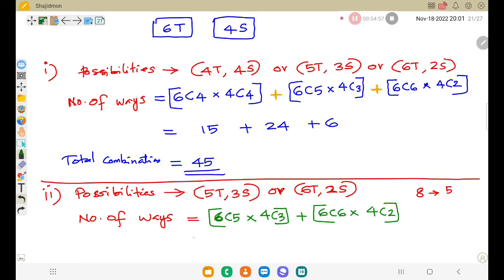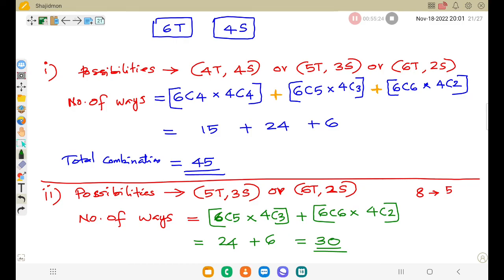Now you can calculate and simplify. For example, first number you will get 24 plus second number you will get 6. Totally how many ways are we getting? 30 ways. So majority of the teachers means we can select in 30 ways and create the committee of 8 people in 30 ways. Hope you understood the question.